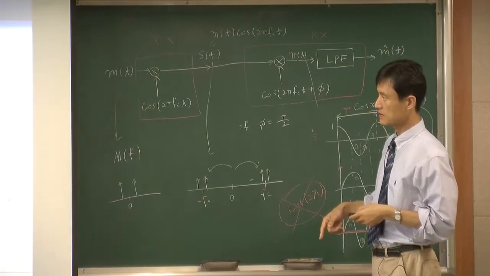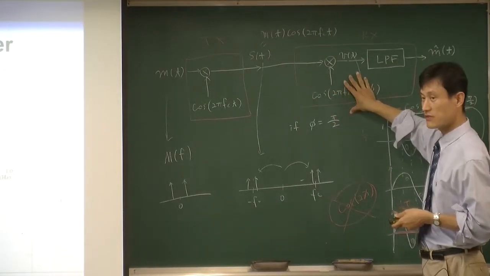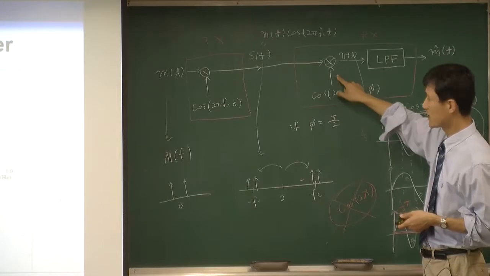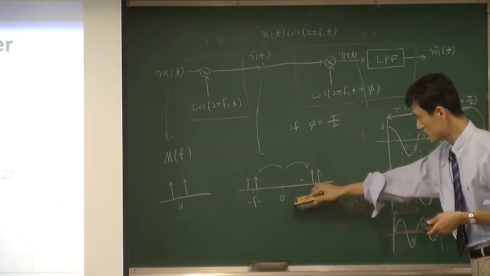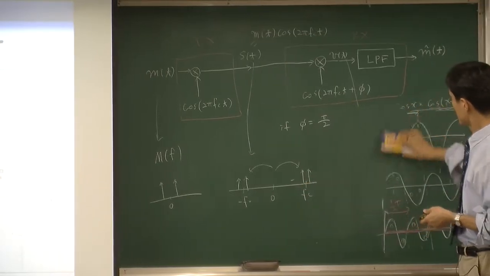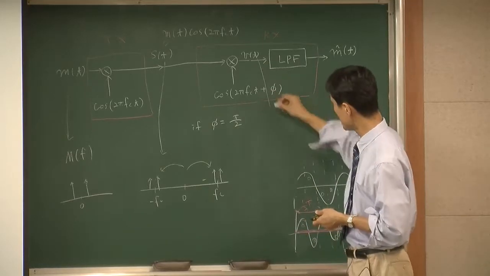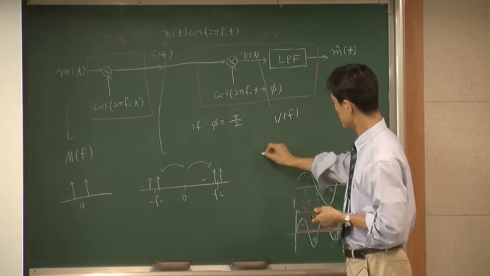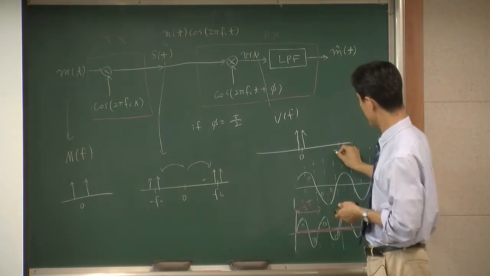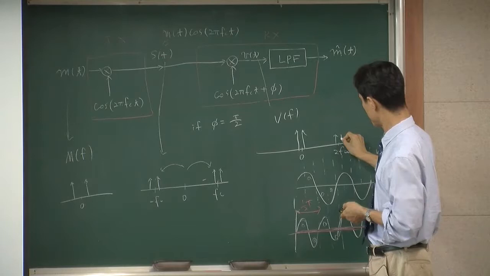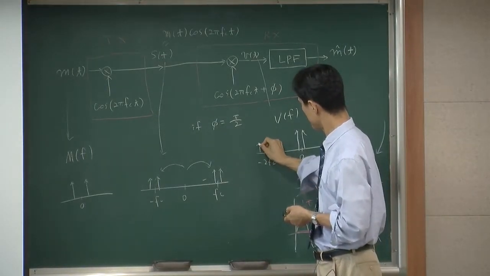Okay, that's the picture. Now, after this, at the receiver, what you need to do is multiply cosine again. When you multiply cosine again, what does VF look like? This VF right here should look like this, right?